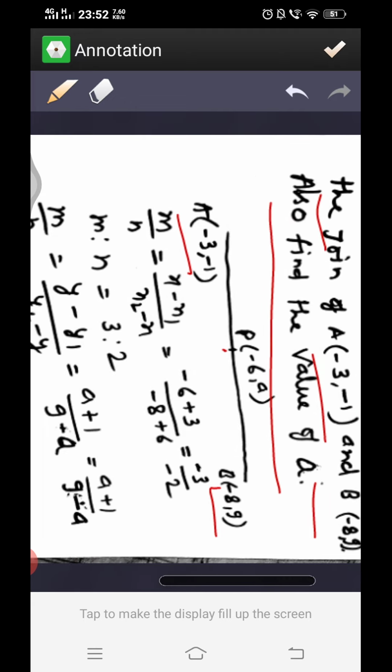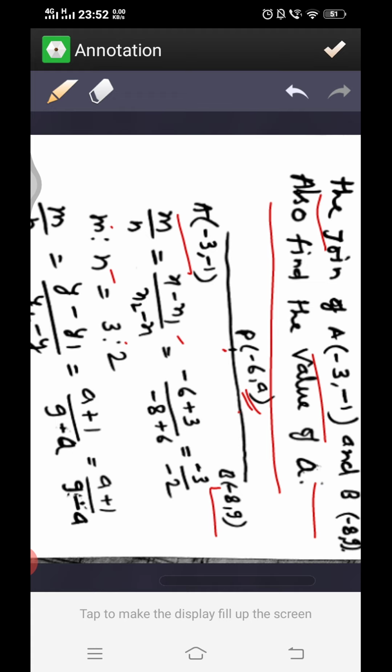So you see m upon n, here we can see y part is not given, x part is completely given in all 3 points. We can see x1 given, x2 given, and x given. So we apply m upon n equal to x minus x1 upon x2 minus x.